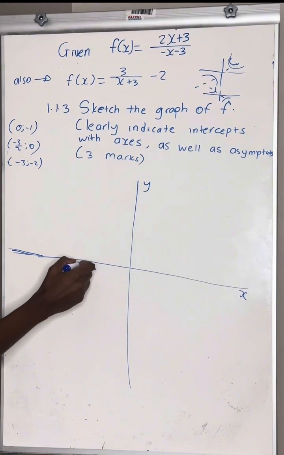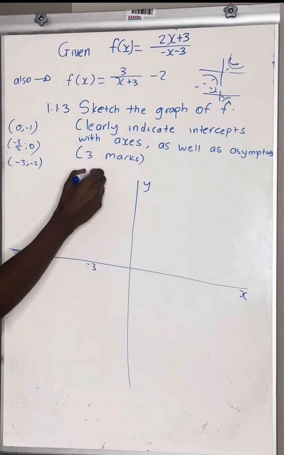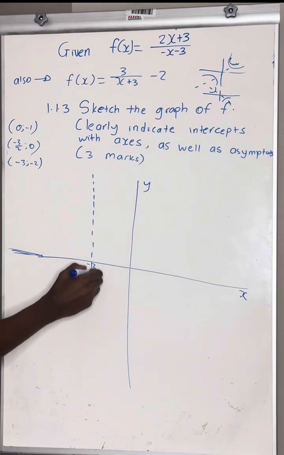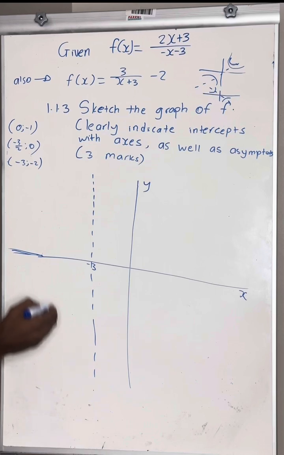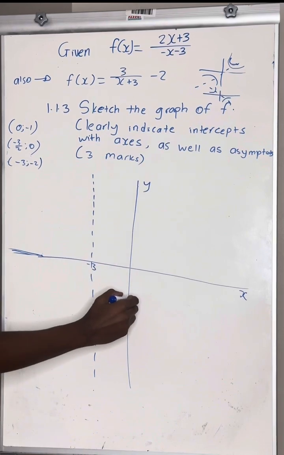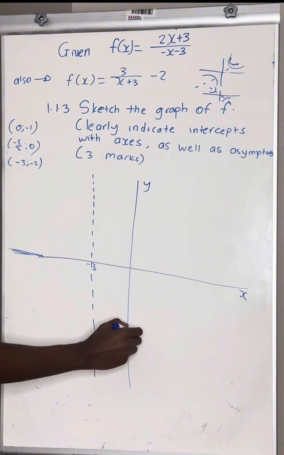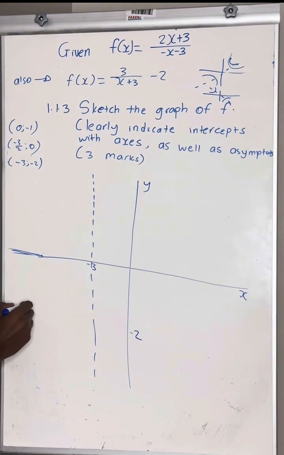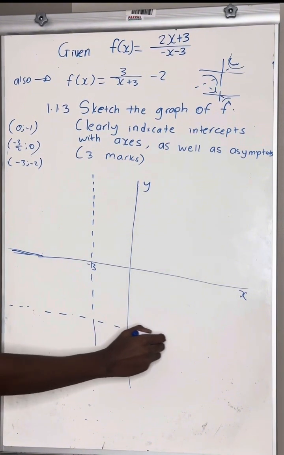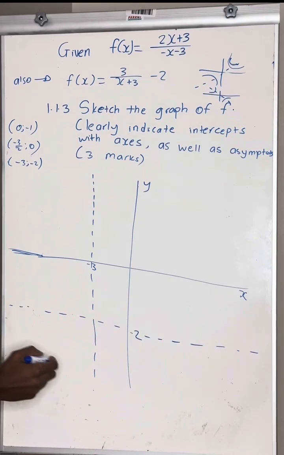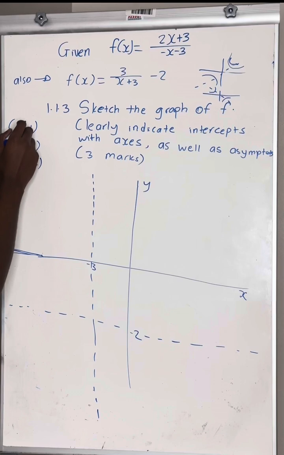Alright, so we have negative 3 over here, which should be our vertical asymptote. And then we have negative 2, which is on the y-axis. So that is our horizontal asymptote.